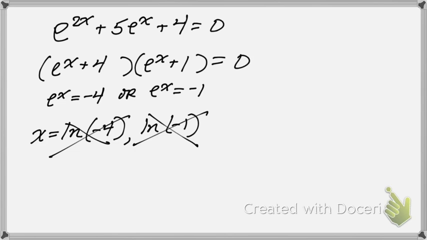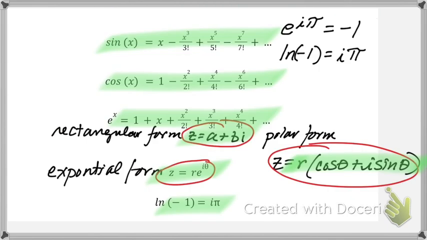Those aren't real. But now, today, we see that, yeah, they're not real, but it's still a solution. We can do the logarithm of a negative number. The logarithm of negative 1 is i pi.